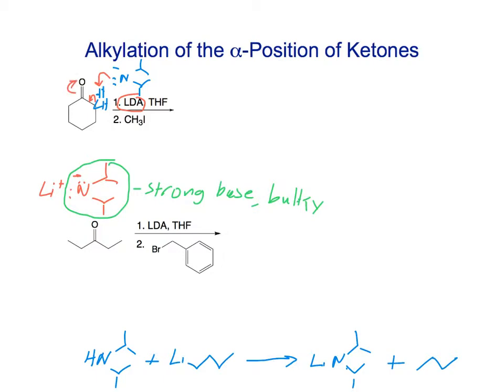We can draw both resonance structures. So we're going to draw the enolate intermediate here. I'm just drawing this one, and we have an H still here. And so remember, this is in equilibrium.